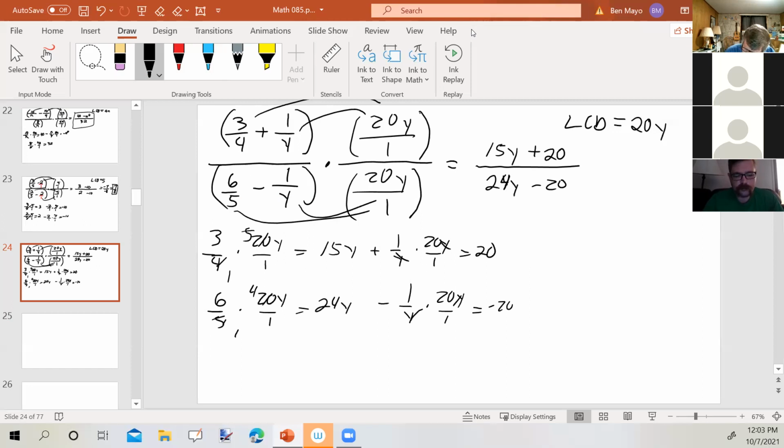can I reduce this thing? Well, let's see. In the numerator, I could factor out a 5 and have 3y plus 4. In the denominator, I could factor out a 4 and have 6y minus 5. However, that doesn't get me anywhere, does it?